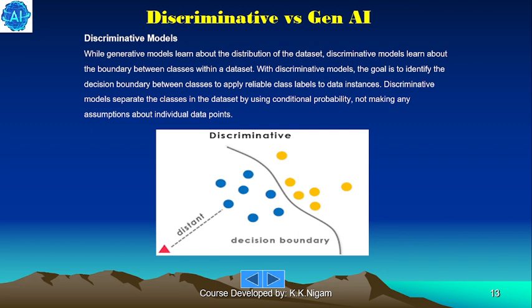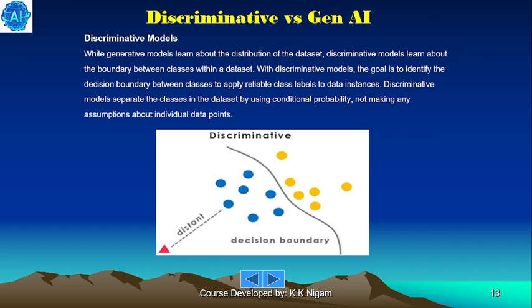Discriminative models. While generative models learn about the distribution of the dataset, discriminative models learn about the boundary between classes within a dataset. With discriminative models, our goal is to identify the decision boundary between classes to apply reliable class labels to data instances.